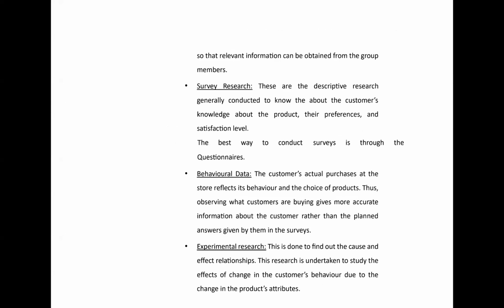But the best way to conduct a survey is through questionnaires. Questionnaires are just documents with a lot of questions dedicated to the type of information you'd want to get. Then you give the questionnaire, and people answer.